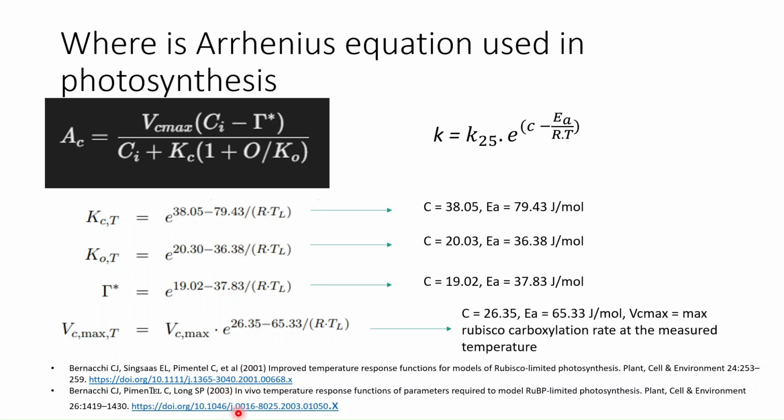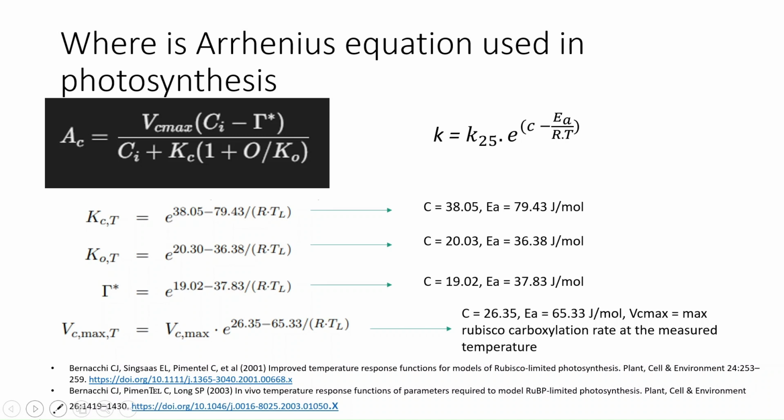They have done various experiments and a lot of optimization to obtain these values. For most simulations of C3 plants, these are the scaling factor and activation energy values used for the corresponding terms, and the representation is through the Arrhenius equation.